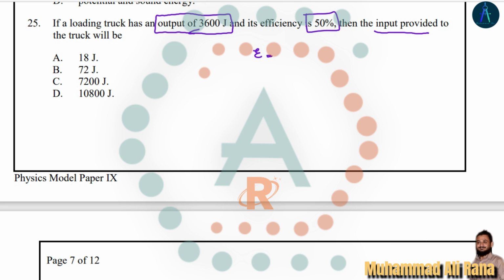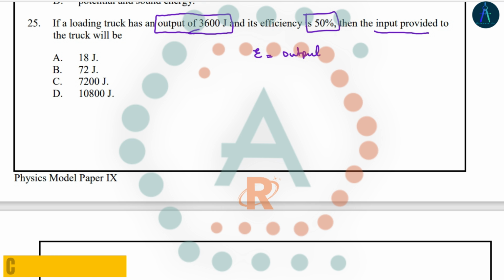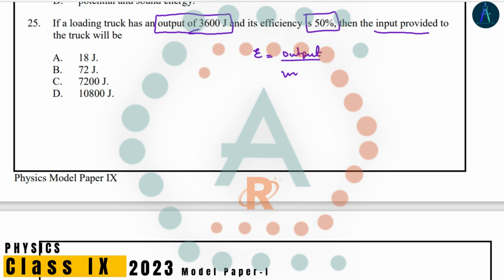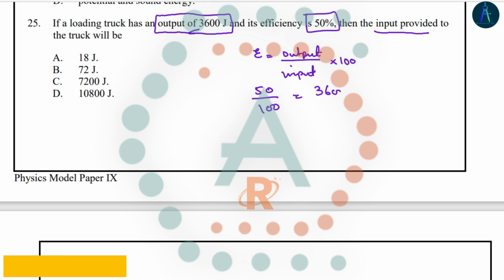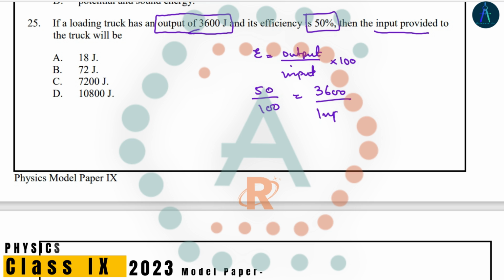We know that percentage efficiency is equal to useful output divided by total input multiplied by 100. So efficiency is 50 divided by 100 and equals the output, that is 3600, divided by input.